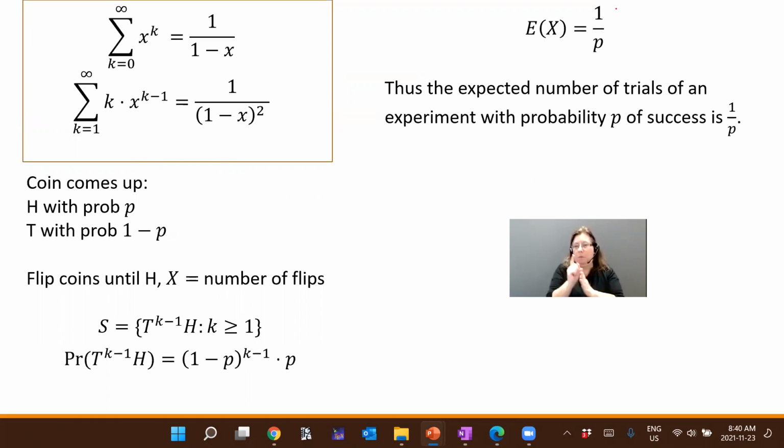Then the expected number of trials, if I'm doing an infinite number of trials until success, and success comes with probability p, is of course 1 over p.